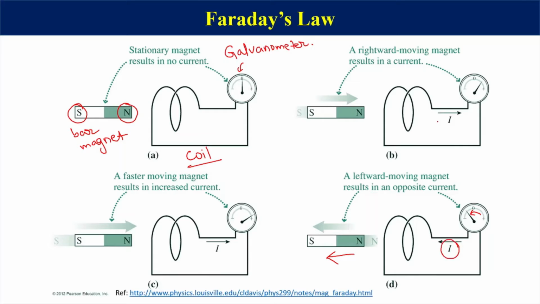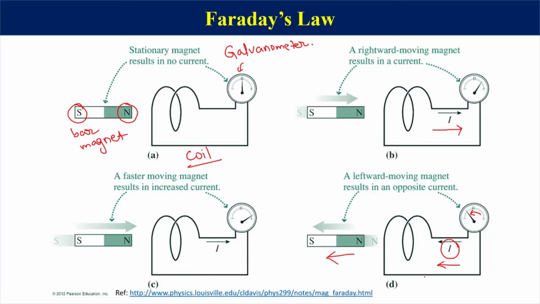Previously the coil had set up a current in this particular direction, and now the current is in the opposite direction to the previous one. So what we have learned from this experiment is that if the magnet is at rest with respect to the coil, there is no deflection in the galvanometer, or the current flowing through the galvanometer is zero.